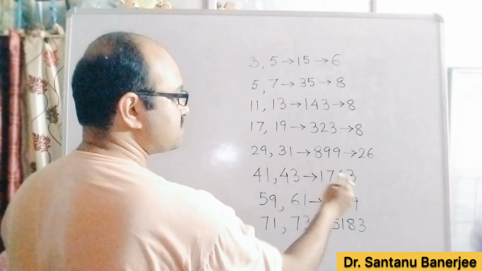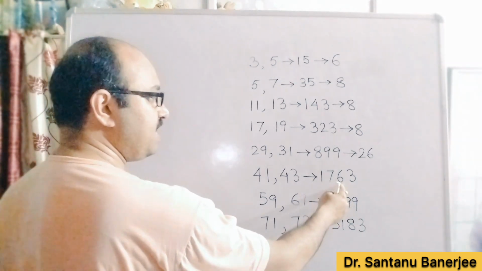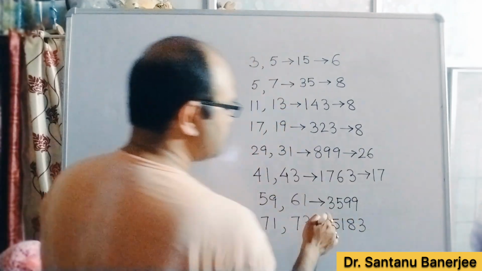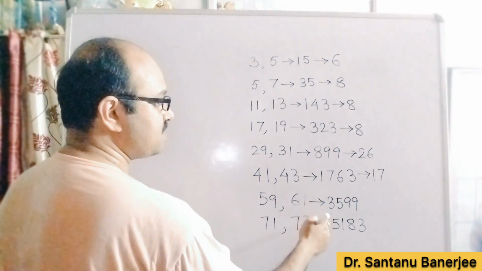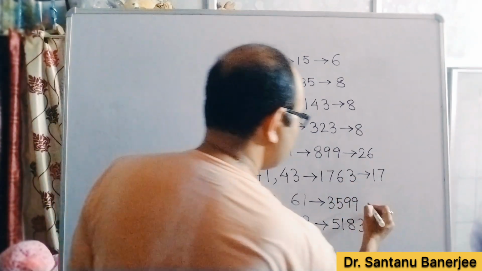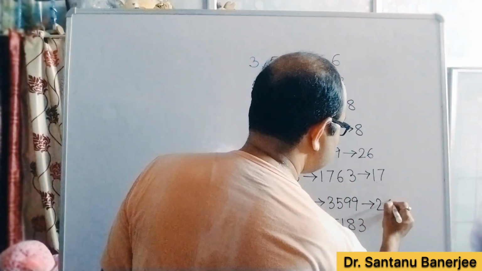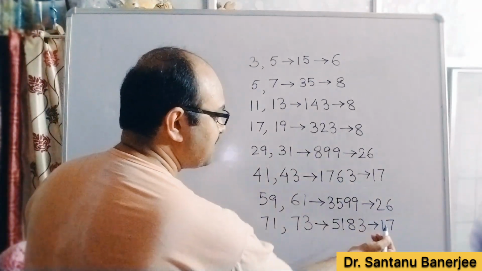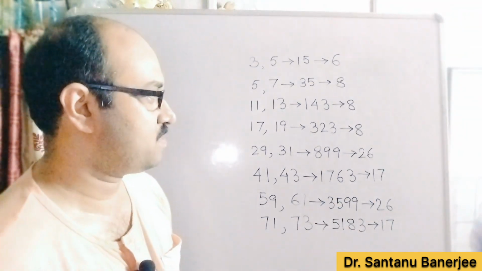1 plus 7 plus 6 plus 3. 1 plus 7, 8, plus 6, 14, plus 3, 17. 3 plus 5 plus 9 plus 9. 3 plus 5, 8, plus 9 plus 9, you have 26. At last you have 5 plus 1 plus 8 plus 3, that is again 17.